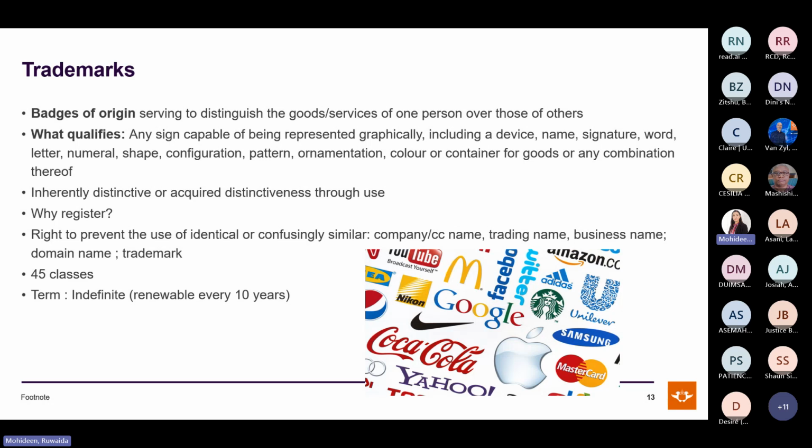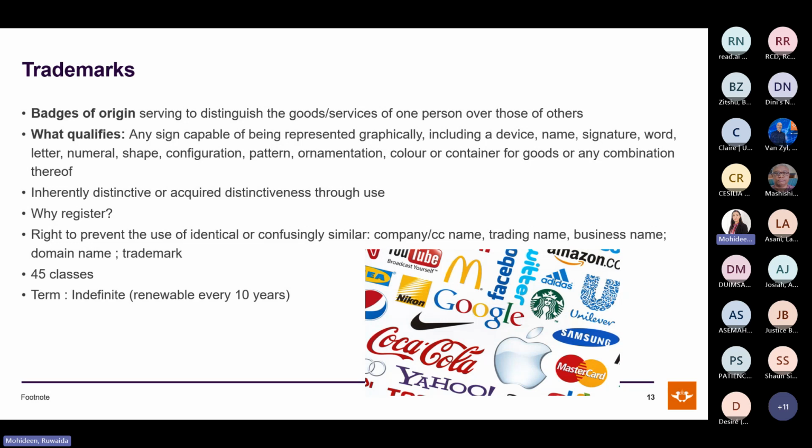And the main part with trademarks is for registering it is you don't want people to have a confusingly similar logo. So, for example, the Coca-Cola logo, maybe somebody can turn it upside down, or call it Keka Kela or something like that, and put it in a bottle, and then you look at it and at first glance it looks like Coca-Cola, and you pick it up and you buy it thinking it's Coca-Cola, but when you drink it, it doesn't taste the same.